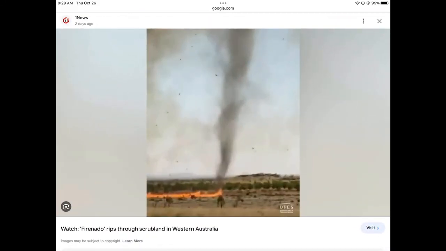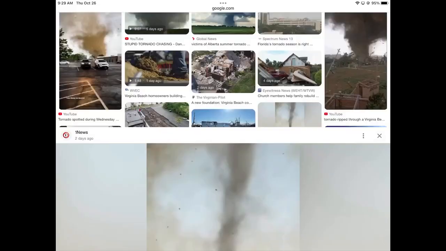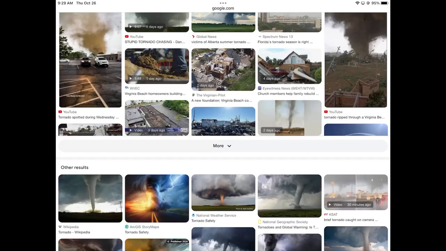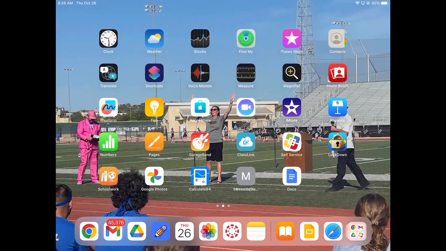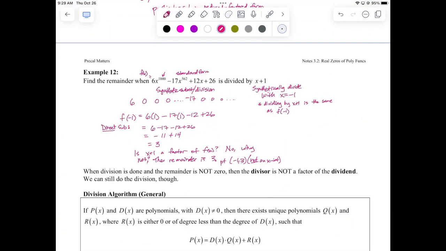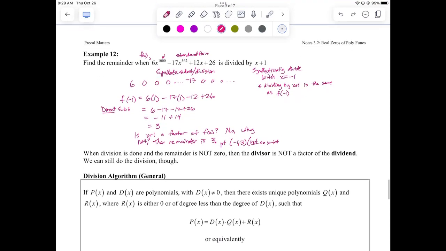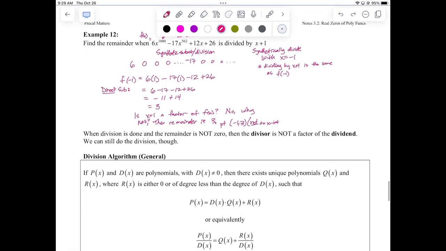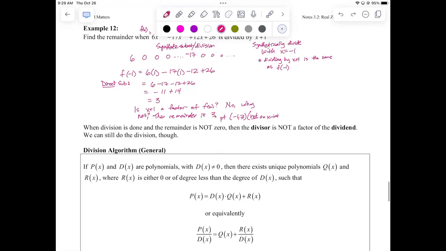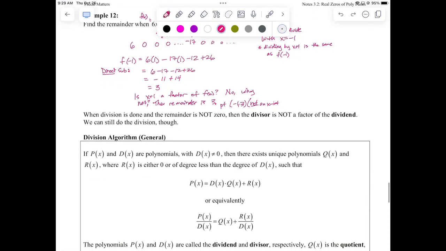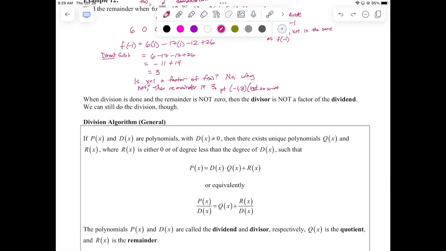There's a tornado in Western Australia. You mean you've never seen a tornado live? Okay, I misunderstood. I thought you'd never even seen a tornado. No, I've seen pictures like that. You've seen cows flying by? Yeah, in the movie. Sharknado 2 is better than Sharknado 1. That's just a hot take. That's historical accuracy. All right.